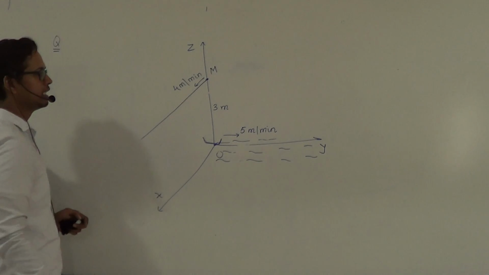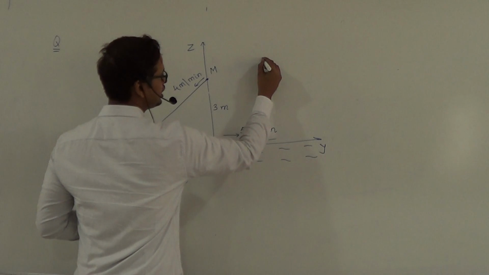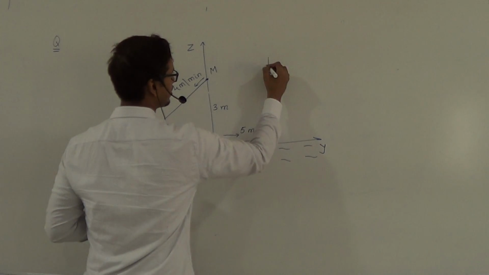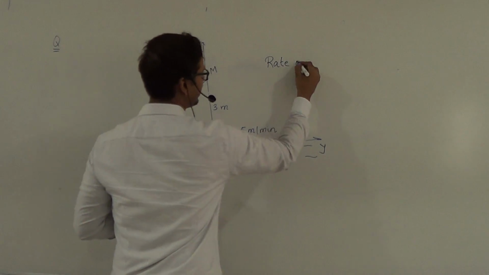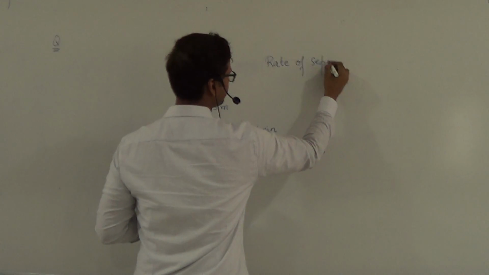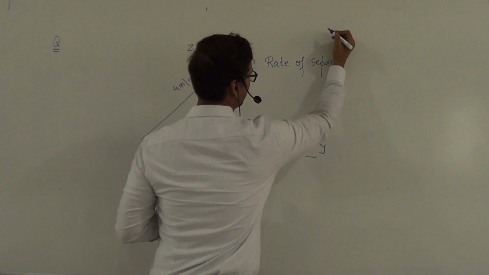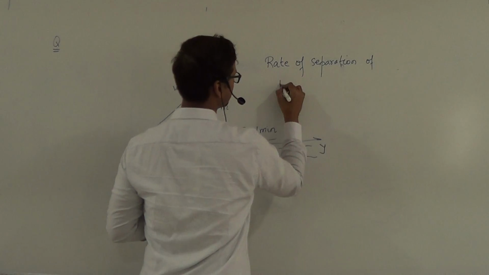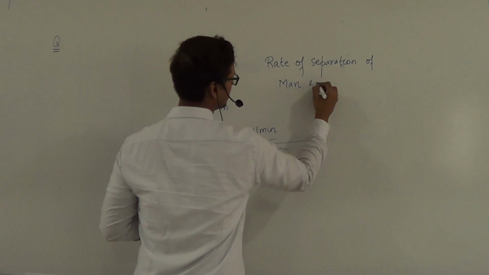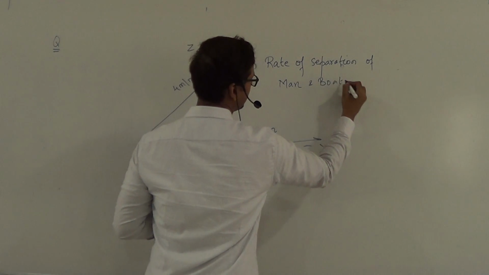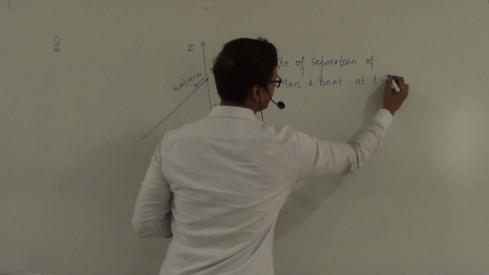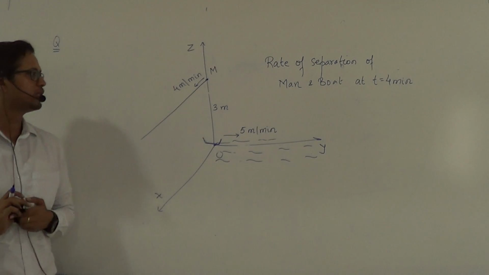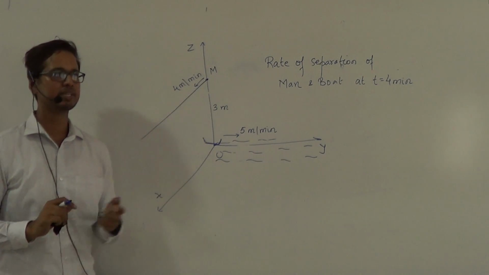Now find the rate of separation of the man and the boat at the instant when time is 4 minutes, assuming t equal to 0 is when they just started moving.